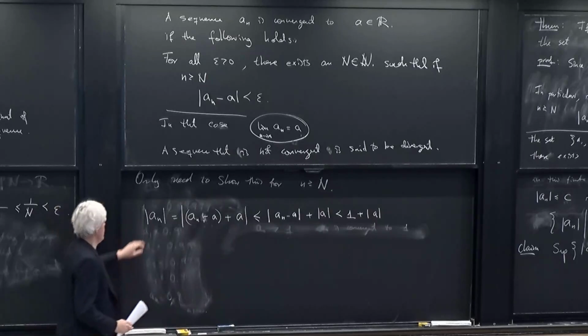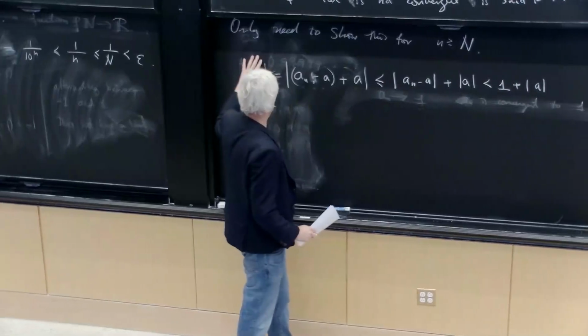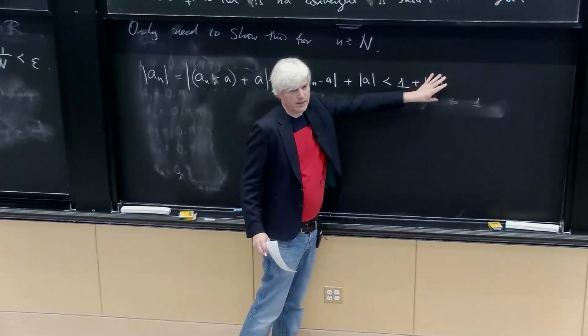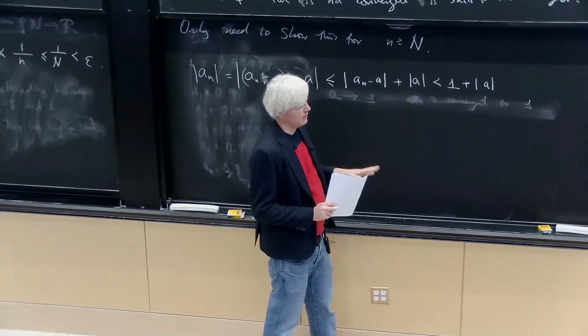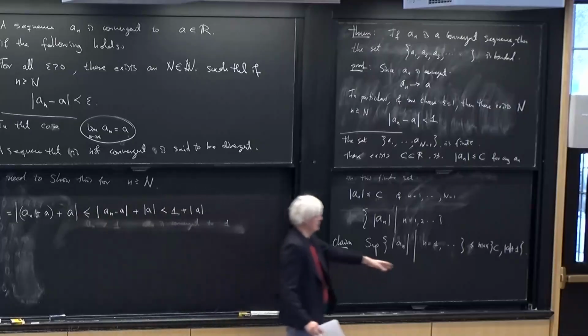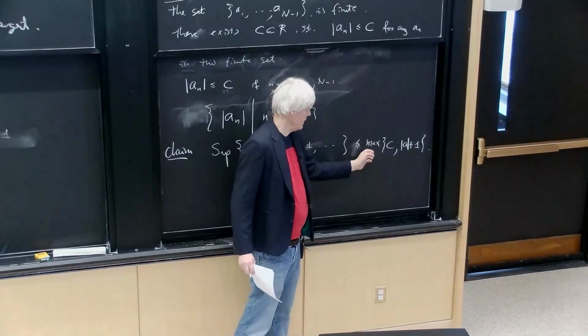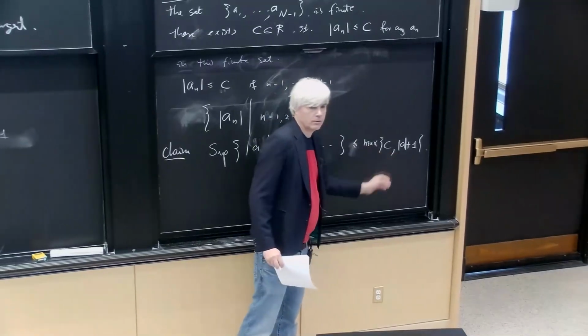And so for the whole tail, starting at capital N, we have that this thing here is bounded by 1 plus the absolute value of A. And for the remaining N minus 1, those are bounded by C, right? And so together, all of this is bounded by the maximum of these two things.